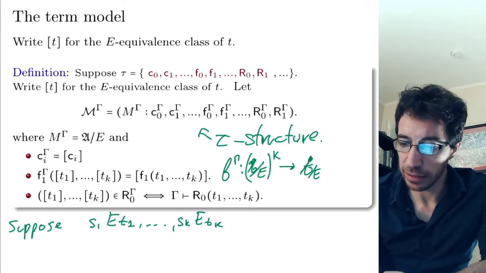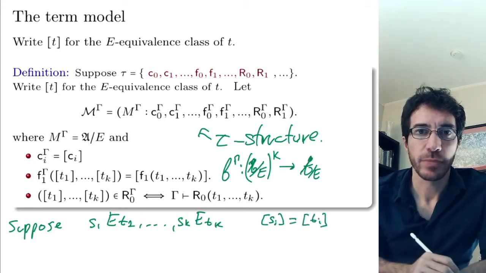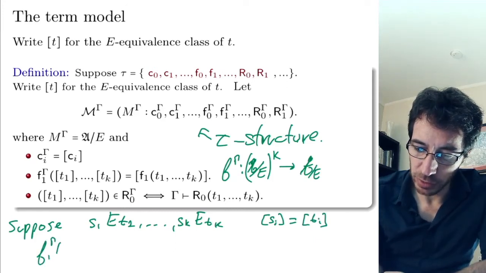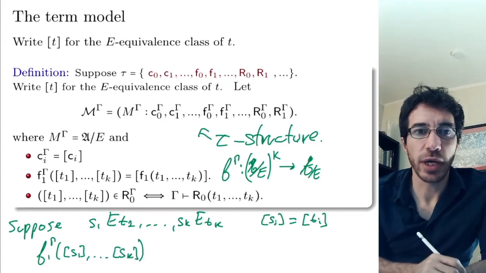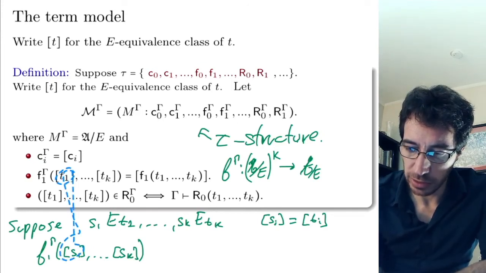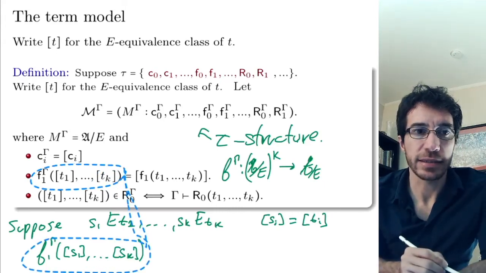Then we have that the equivalence class of Si is equal to the equivalence class of Ti. So if you look at F1 gamma applied to the equivalence classes of S1 through Sk, we should get the same thing, right? Because this one is the same as this one, so this should be the same as that.